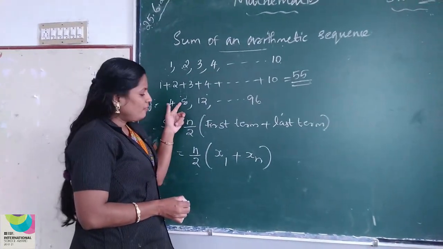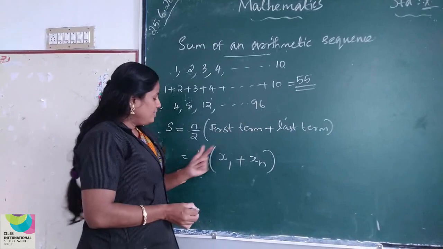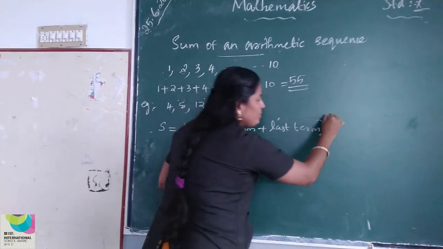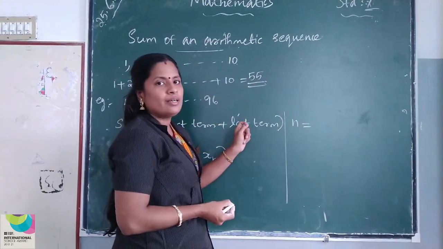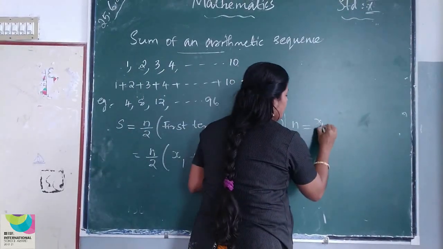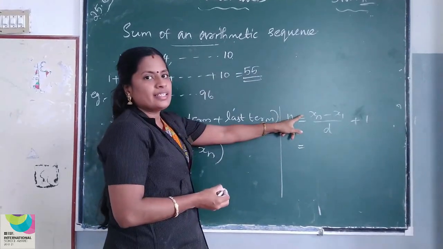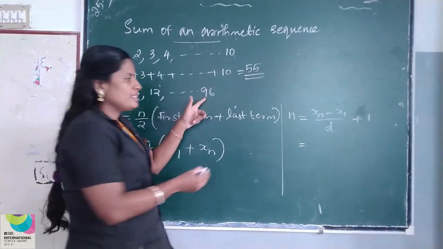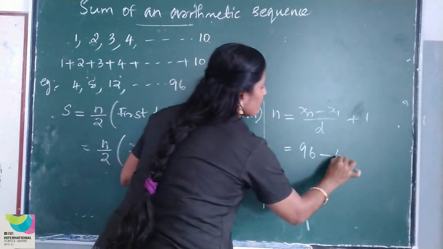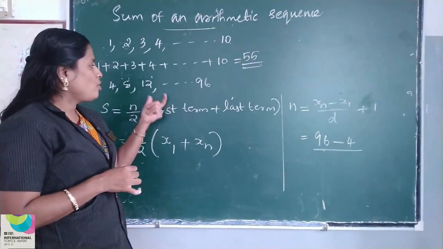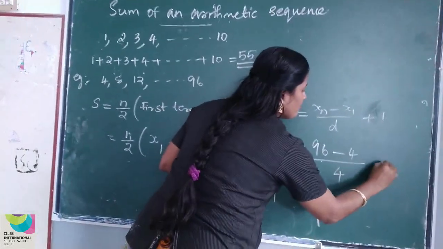In this sequence we know that x1 is 4 and xn is 96. Then we have to find out n, the number of terms. How can we find out the number of terms? n equal to (xn minus x1) by d, plus 1. So xn is 96, minus x1, which is 4, divided by the common difference, which is 4, plus 1.